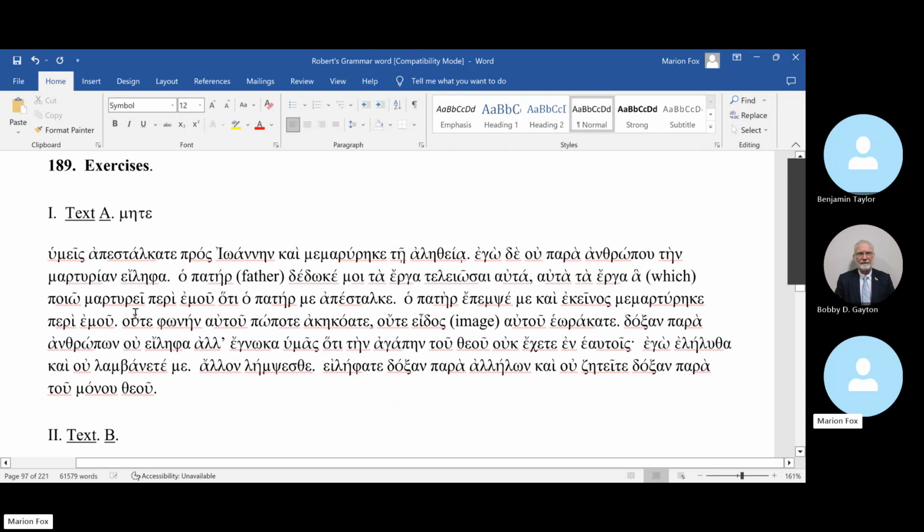Now there's a difference between ou and me. Both of them mean not, but oute is an absolute not, and mete is an iffy not. I think I treat it like that. It's kind of an iffy not. And again, you can go into that file and it discusses those two in detail.